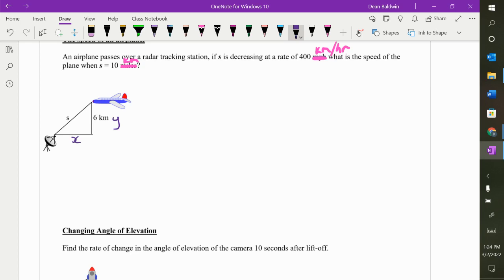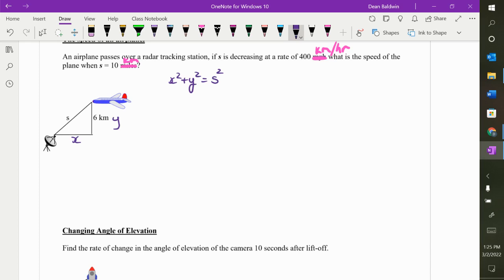What's the Pythagorean formula? x squared plus y squared is equal to s squared.